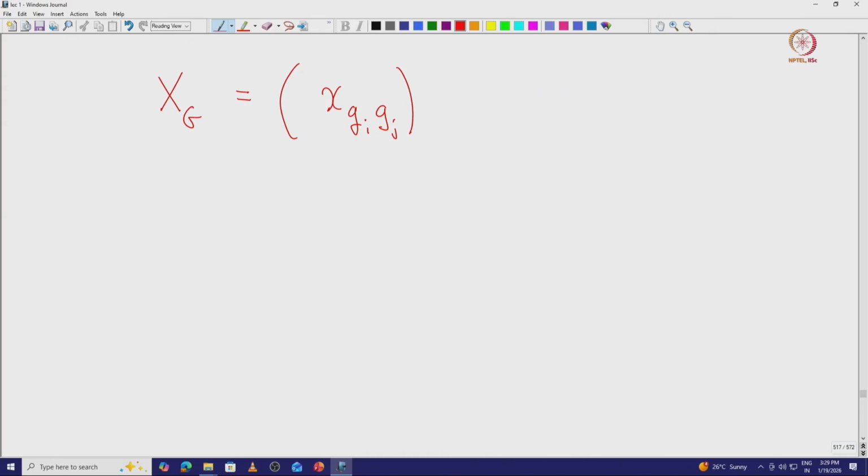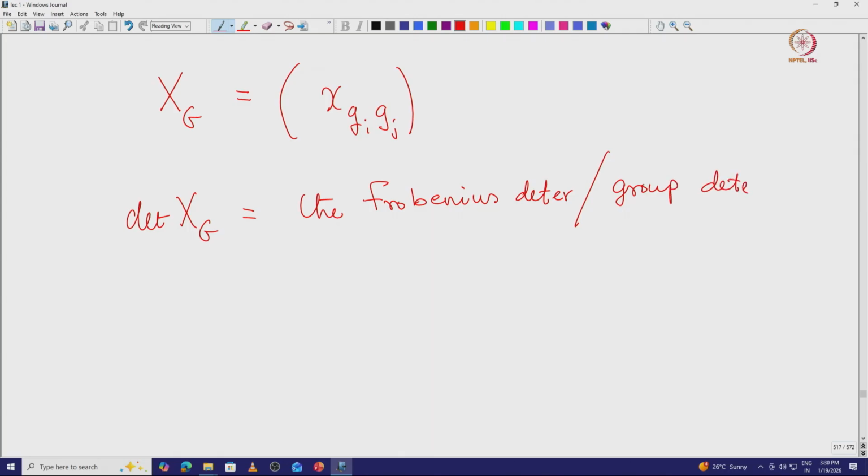The determinant of this matrix is called the group determinant or Frobenius determinant.